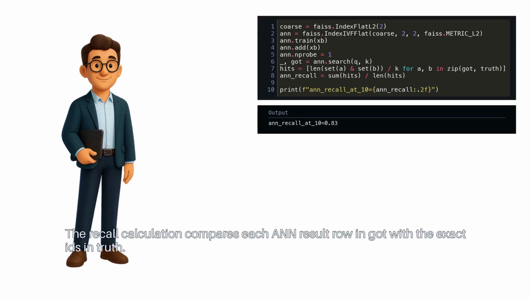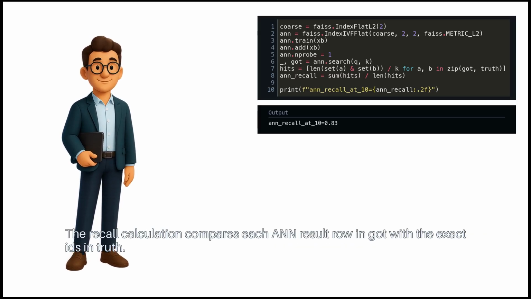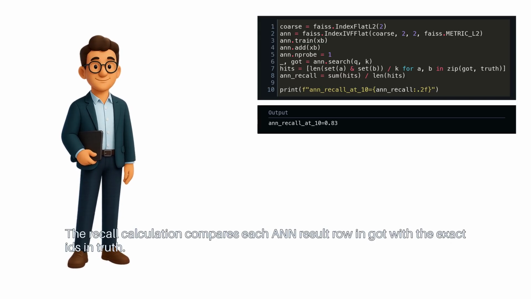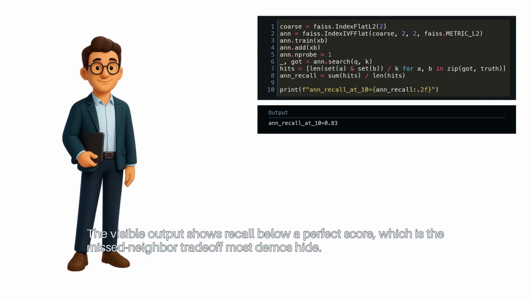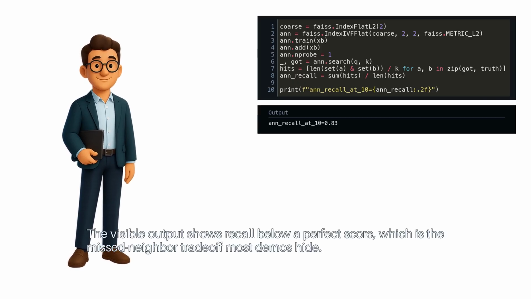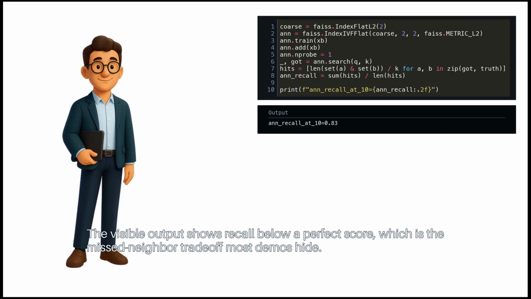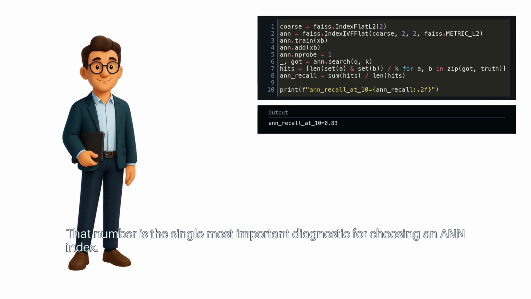The recall calculation compares each ANN result row in got with the exact IDs in truth. The visible output shows recall below a perfect score, which is the missed-neighbor trade-off most demos hide. That number is the single most important diagnostic for choosing an ANN.